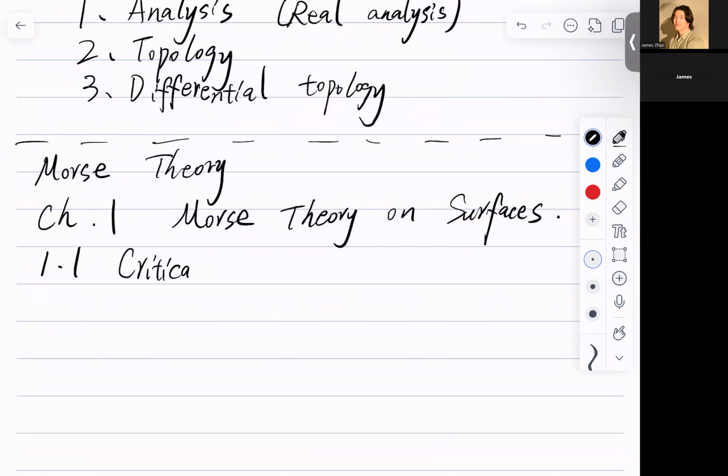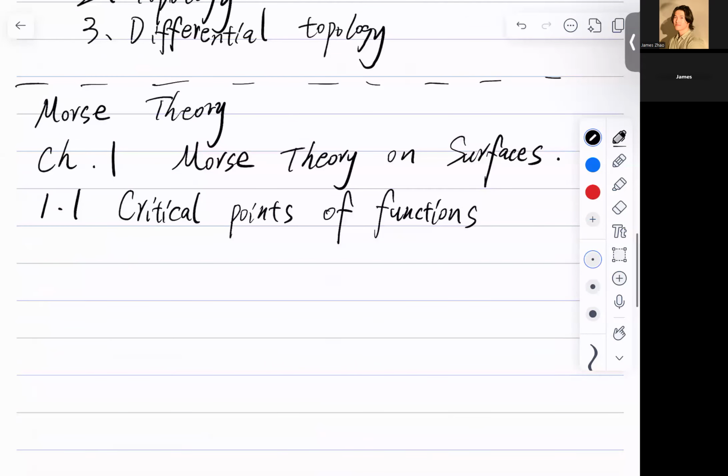As we talked about earlier, critical points are a very important concept that is very involved in Morse theory. So we're going to give it a definition first. I believe a lot of people have taken calculus and probably have some understanding of what a critical point is. Let's consider the easiest case possible.